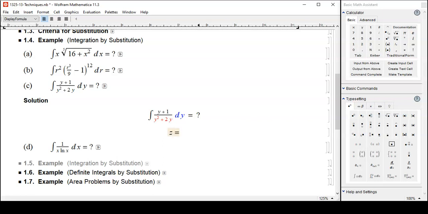So z is y squared plus 2y. Okay, there you go. And that's going to be my first substitution.